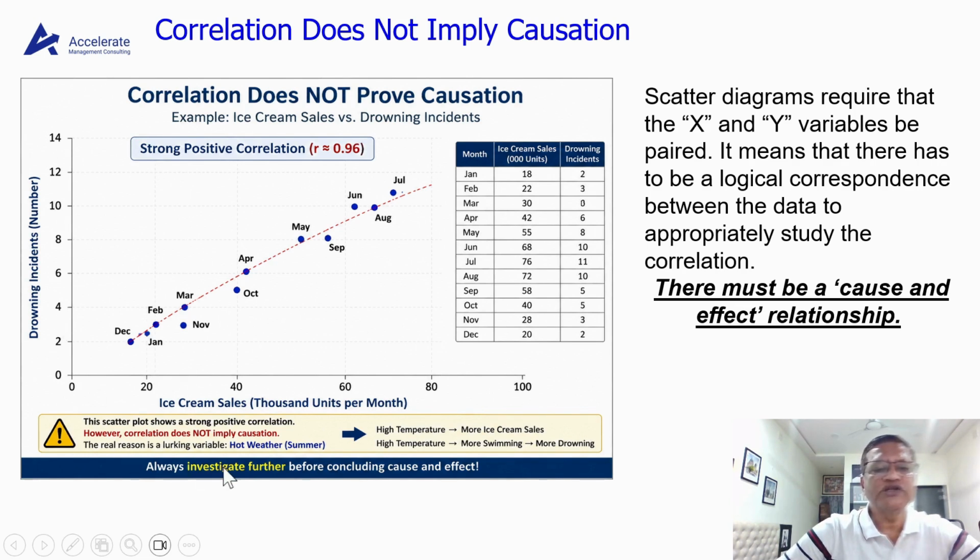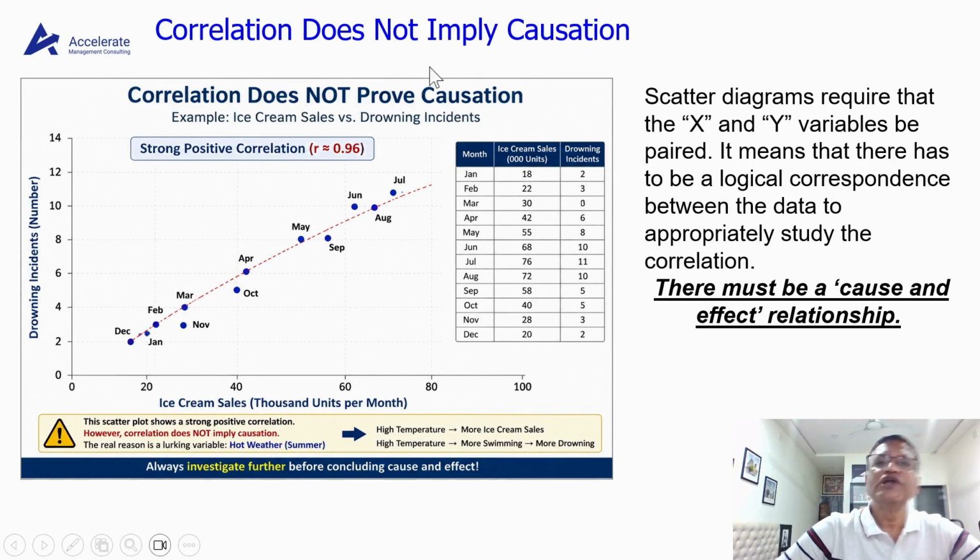We need to understand or investigate further before concluding what are the cause and effects which are having impact. Now here the real reason is the hot weather. In the hot weather, both ice cream sales increase and more and more swimming cases happen, and therefore the drowning incidences also happen.